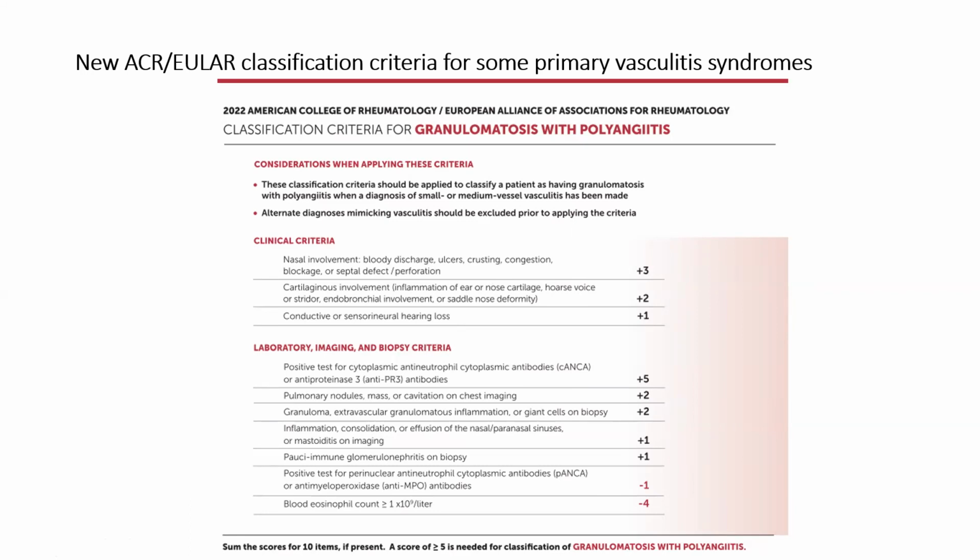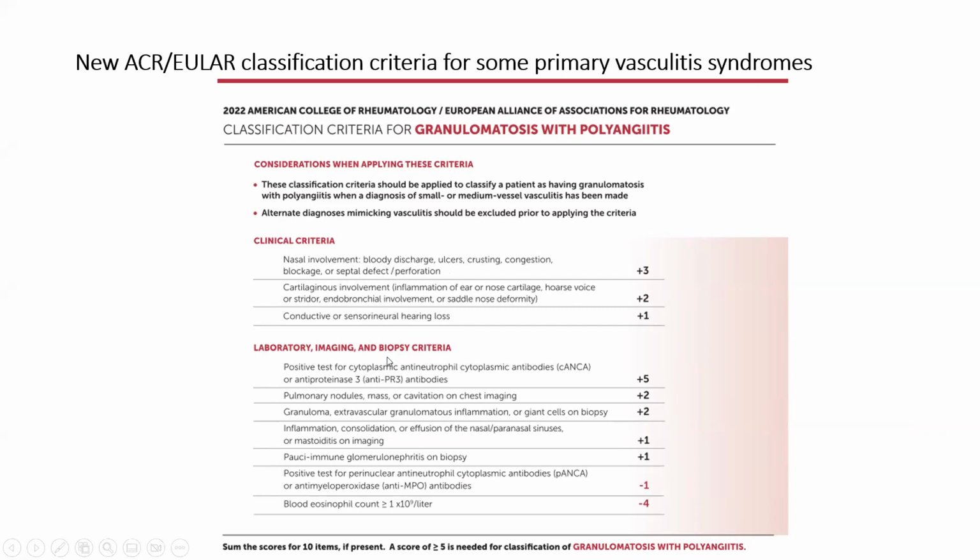For GPA, if you get a sum of at least 5, then you can classify the patient as having granulomatosis with polyangiitis. So in your clinical criteria, your upper respiratory tract involvement and also your ENT involvement give you positive points.